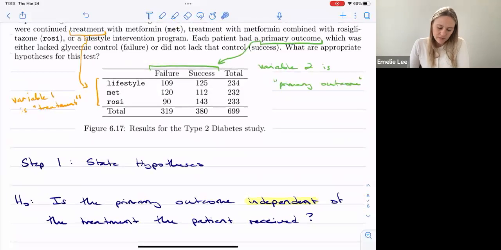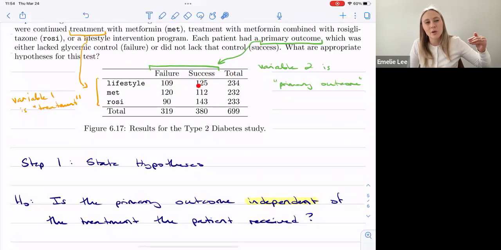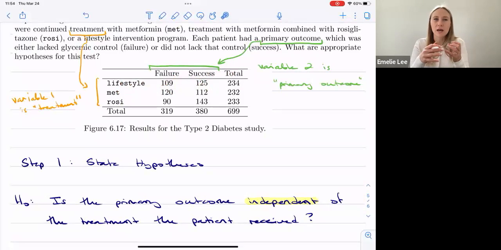Of course, it depends on the question, right? So I don't want to say variable 1 and variable 2 really, because I could have just as easily put the failure success in the rows and the lifestyle met and Rossi in the columns. So they're interchangeable. So you want to think about, okay, what's the main variable that I'm going to be wanting to talk about? Right, well, it's the primary outcome variable, right?